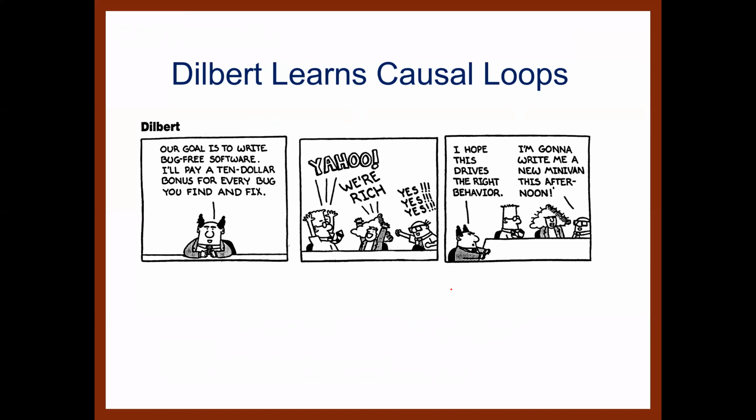See the second box, because that's a behavior people can take from a wrong perspective, or maybe understand correctly. The idea is not to generate more bugs, fix them, and generate profit. The idea is to limit the number of bugs you create when you do coding. That's why at the end you have, I hope this drives the right behavior. So I'm going to write me a new minivan this afternoon.